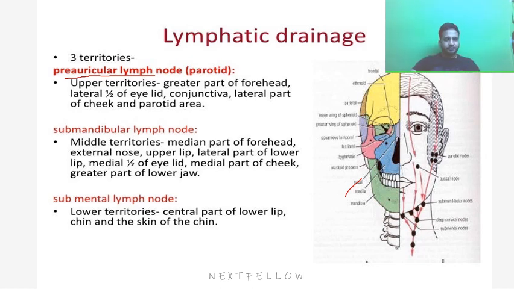Whereas the medial part drains to the submandibular lymph nodes. Its area consists of the medial part of the forehead, the medial part of the eyelid, the medial part of the cheek, then the upper lip, etc., draining to the submandibular nodes, and the submental lymph nodes mainly receive drainage from the chin and the central part of the lower lip.